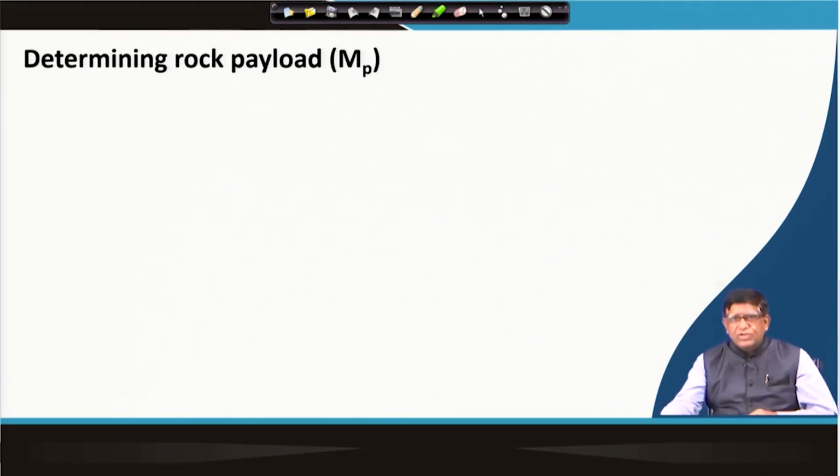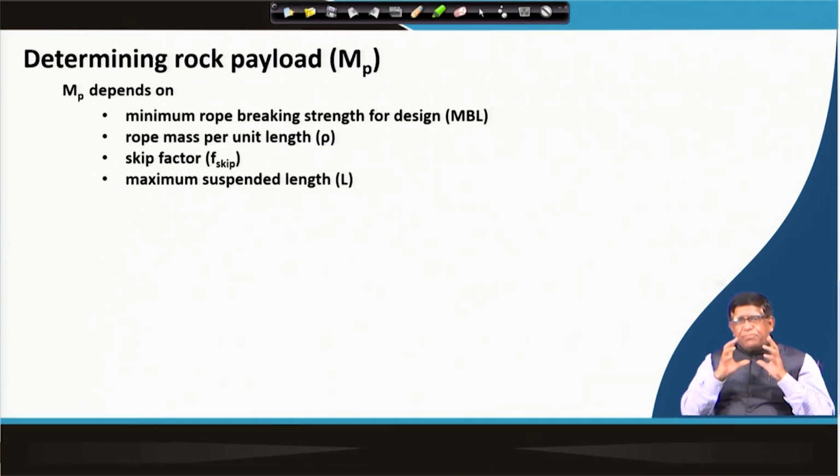The payload, or how much material you can put into the skip on the winding system rope, depends on the minimum rope breaking strength for the design, denoted by MBL, the rope mass per unit length, denoted by rho, the skip factor, and the maximum suspended length, which is the depth of the shaft.